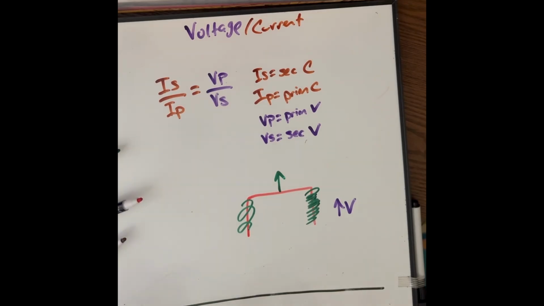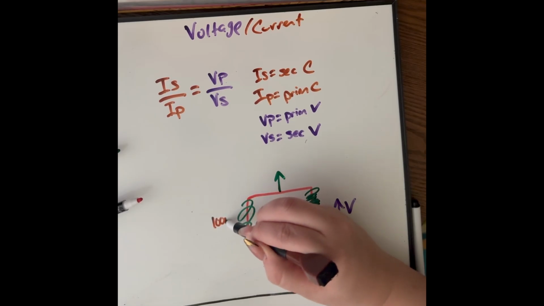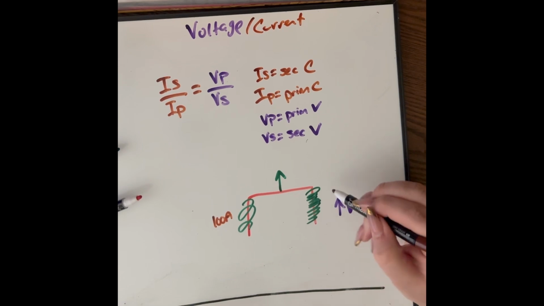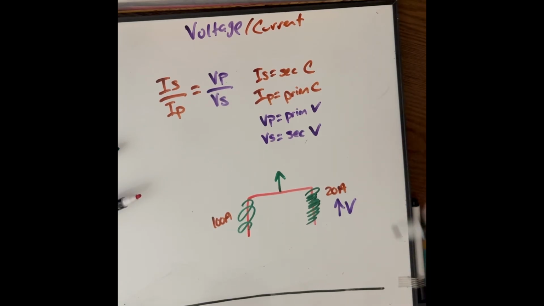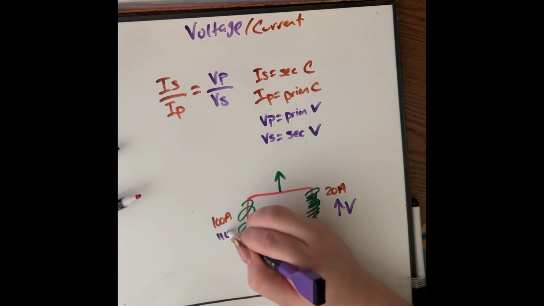What we do talk about here is our current. So our input amperage was 100 over here, 100 amps. And our output amperage was 20, which makes sense because we're looking for our voltage to increase. Our current went down.